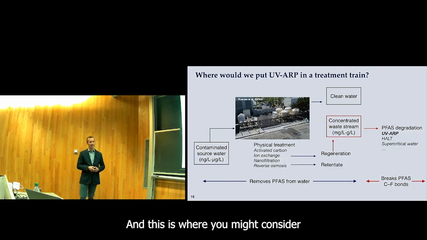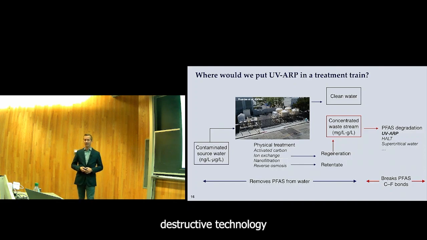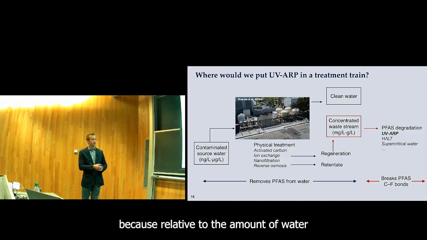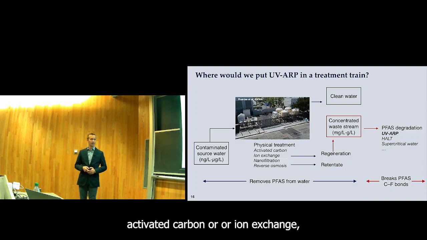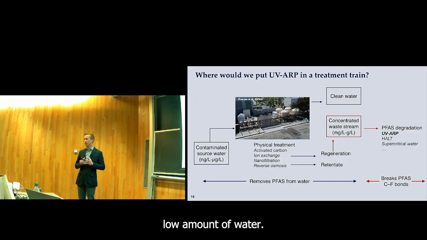This is where you might consider putting a destructive technology, because relative to the amount of water that has been cleaned up with, say, activated carbon or ion exchange, you're treating a relatively low amount of water. Two last things. One is that for activated carbon, thermal regeneration is what's being considered. So our regenerant here, the way we're thinking, is actually coming from ion exchange, not GAC.